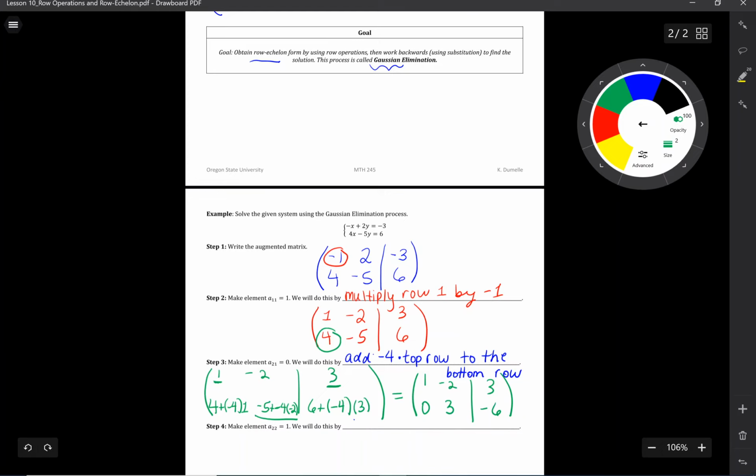Lastly, my final step is to turn this entry into a 1. And to do that, I'm going to divide this row by 3, or multiply by 1/3.